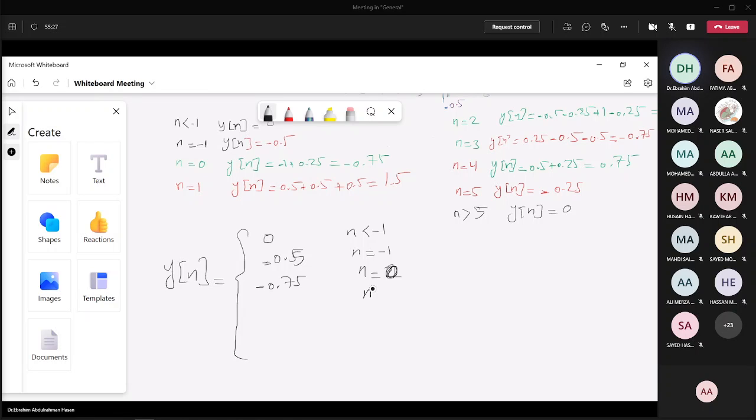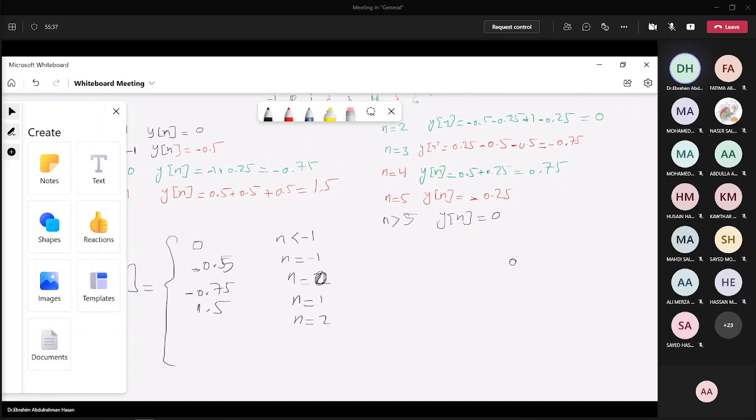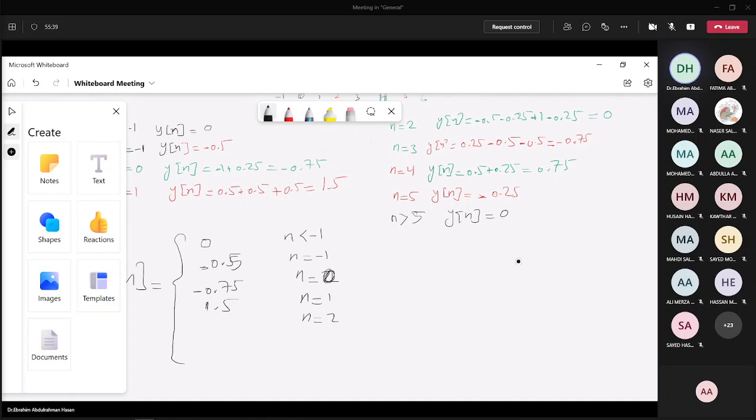n equal to 1, then it is equal to 1.5. n equal to 2, then it is equal to 0. n equal to 3 is equal to minus 0.75. n equal to 4, it is equal to plus 0.75. n equal to 5, it is equal to 0.25.